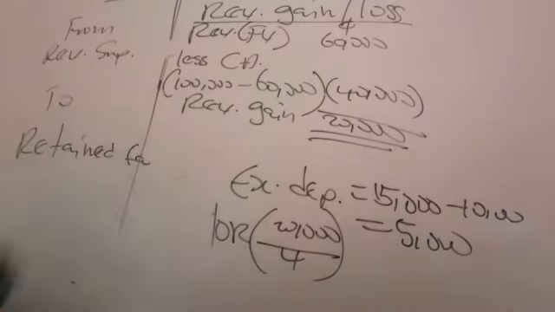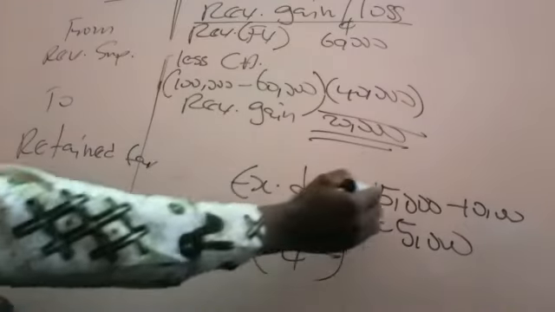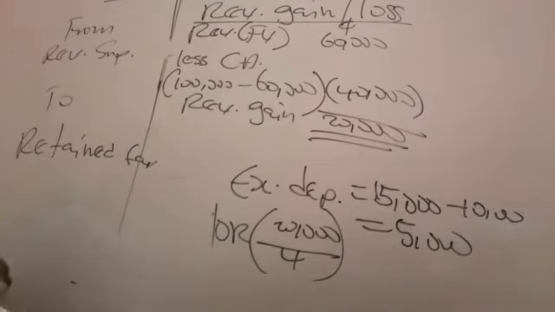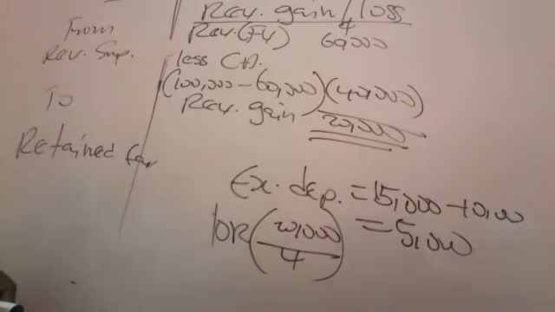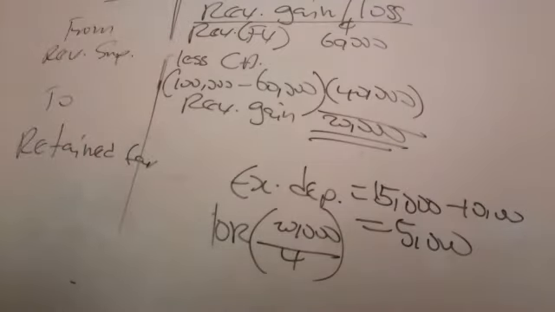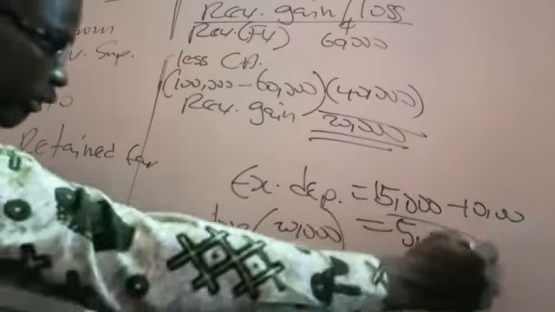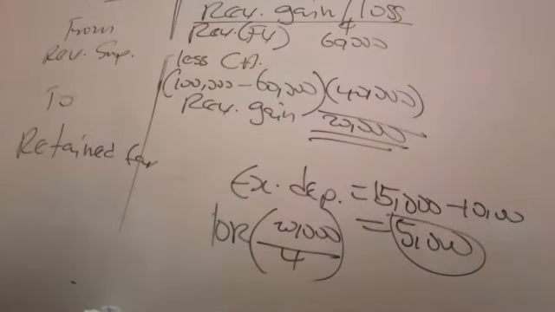Why? Because we assume that the revaluation gain has resulted in a higher depreciation charge. So therefore, let's transfer some to the retained earnings to reduce the additional depreciation charge. So in the statement of changes in equity, you take 5,000 from the revaluation reserve and send it to the retained earnings.